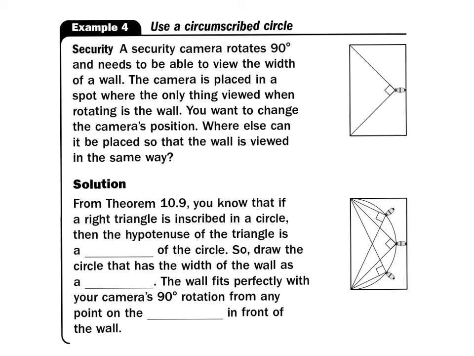Then the hypotenuse of the triangle is a diameter of the circle. So draw the circle that has the width of the wall as a diameter. The wall fits perfectly with the camera's 90-degree rotation from any point on the semicircle in front of the wall.